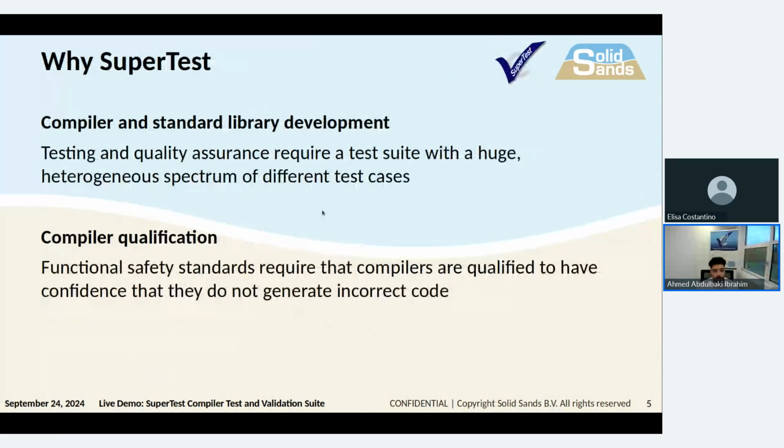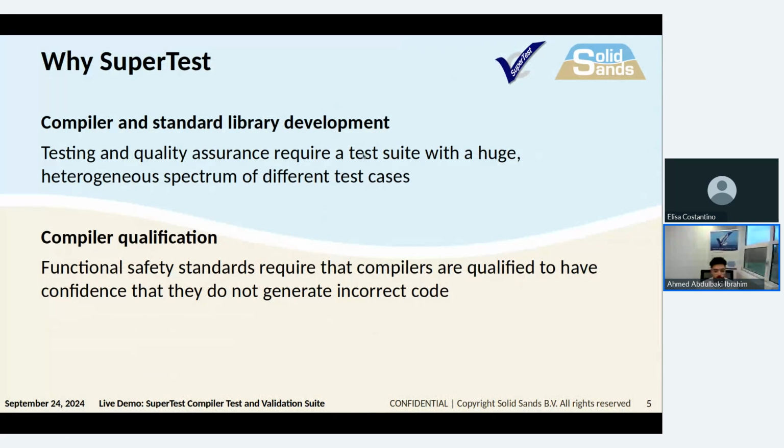And to begin with, you might be wondering where it would be ideal to adopt SuperTest, and 2 primary scenarios come to mind. The first is if you're developing a compiler and/or standard library implementation, and you want to enlist the help of a massive test suite with a great variety of test cases in order to check their quality.